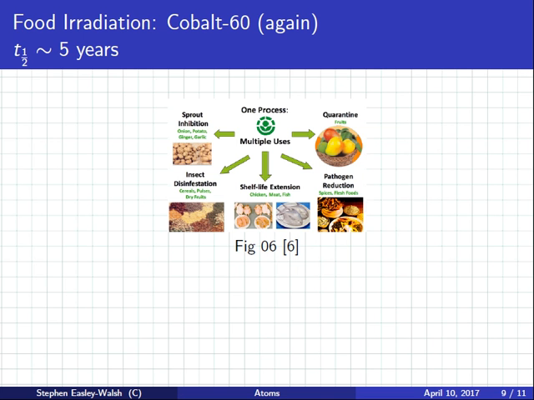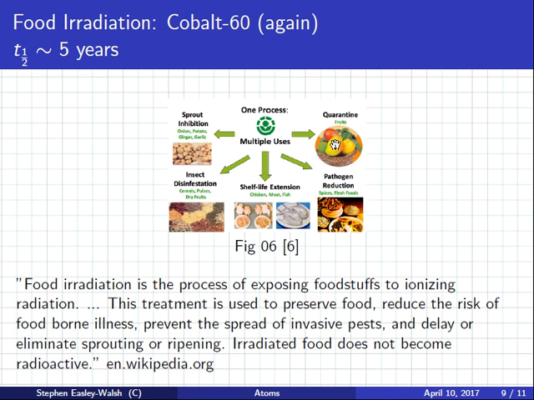And you can see the foods that it's used on. You can see vegetables, basically anything that's going to decay because of insects or bacteria living on it. So it's the process of exposing foods to ionizing radiation. This treatment is used to preserve food, helps it live longer. Reduce the risk of illness, because that's the other thing. Your apple, if there's bacteria living on it, you're eating that, and that could make you sick.